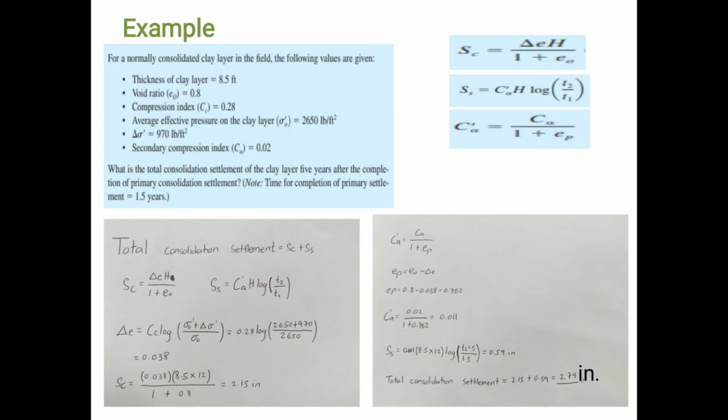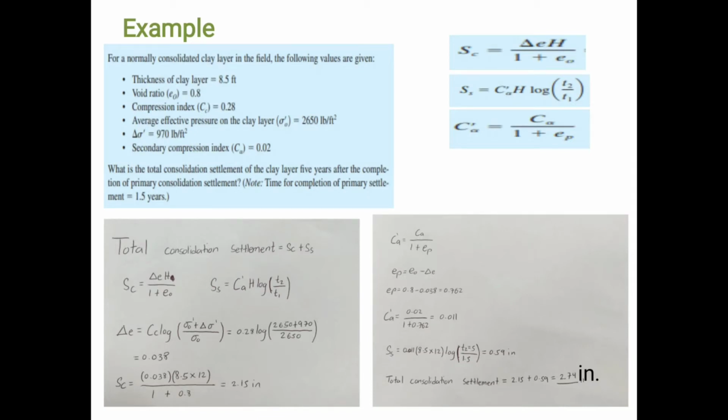Then first we have to get the magnitude of secondary consolidation. The formula for magnitude of secondary consolidation is C sub alpha, or secondary compression index, over 1 plus e sub p.